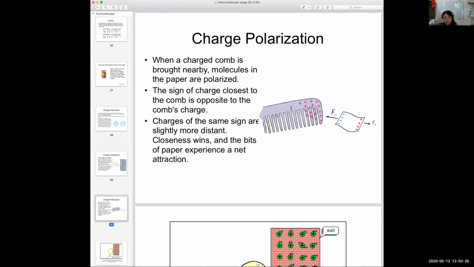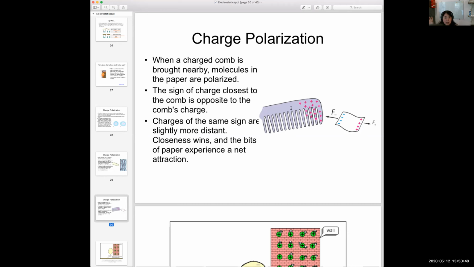The paper has a weight and wants to go down, but you can use the hair comb to bring it up. You don't need that many charges because the electrostatic force is so strong.